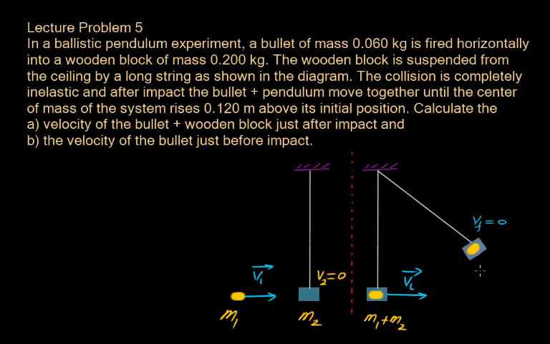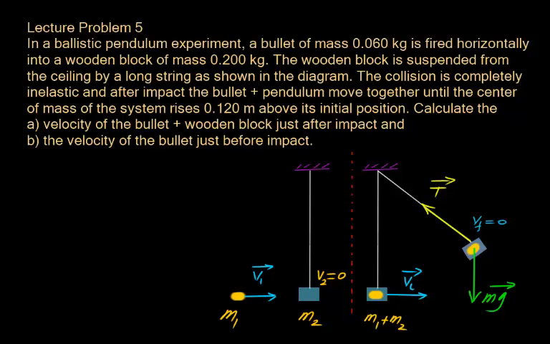The two forces that are acting on the mass while it's swinging are the weight mg and the tension T in the string. Notice that this mass m that I am using in the diagram is representing the mass of the block-bullet system, which is m1 plus m2. The weight mg is a conservative force.